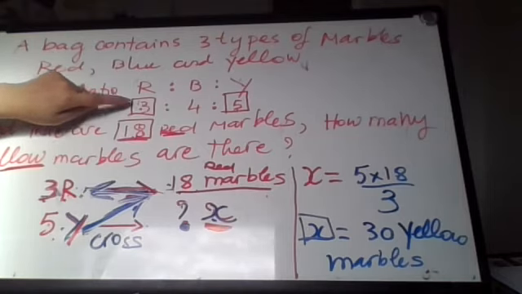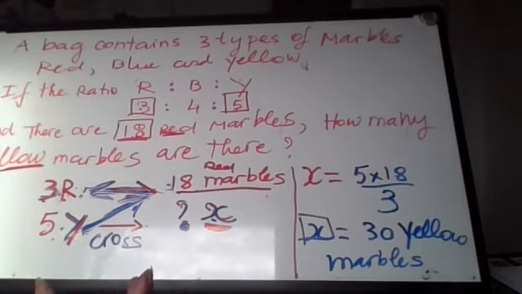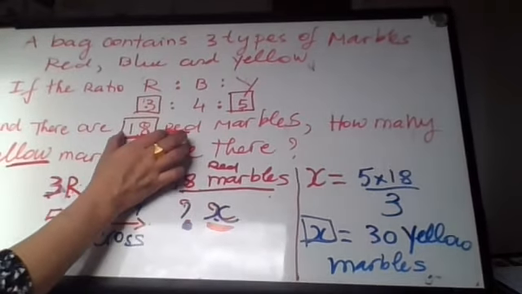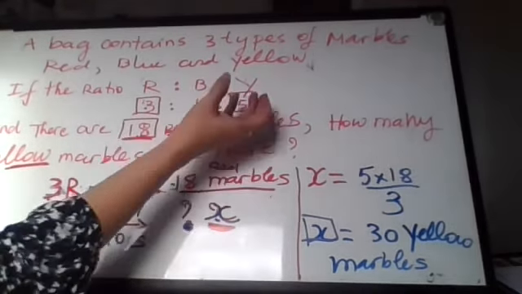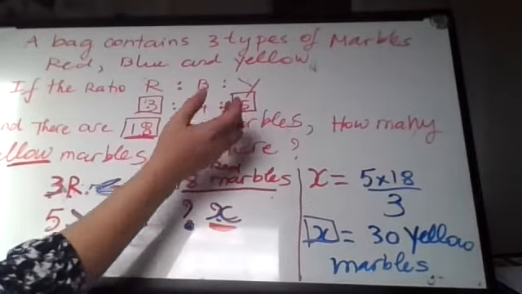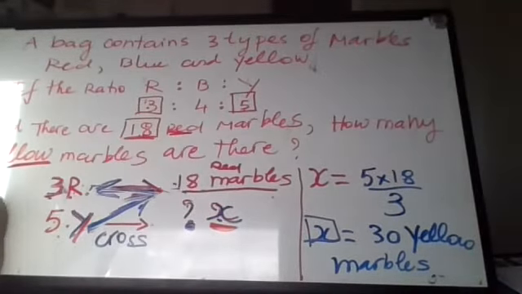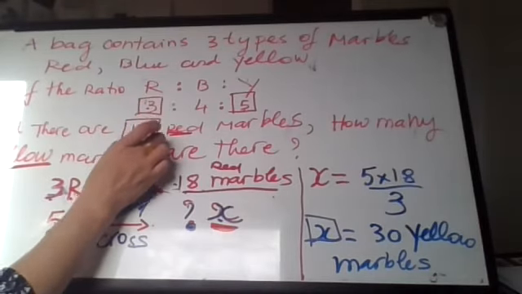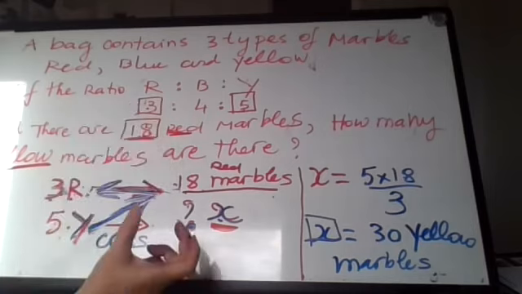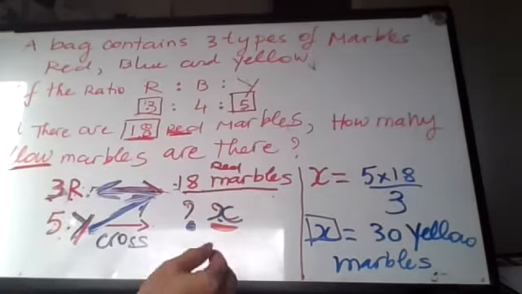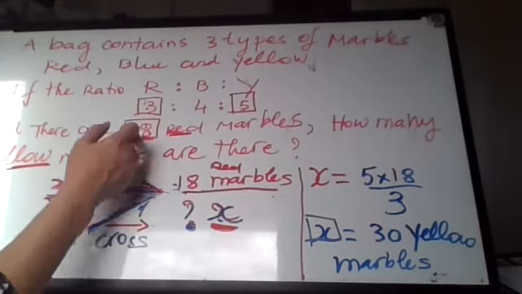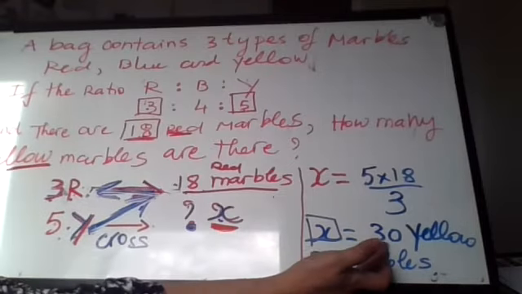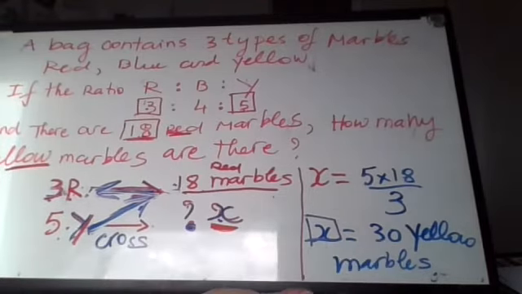So if we have 18 red marbles, then we should have more yellow marbles than red marbles, because the portion of 3 accounts for 18, then the portion of 5 has to be more than 18, right? And we get 30 as the answer, so it should be logical. Logical thinking is correct, okay?